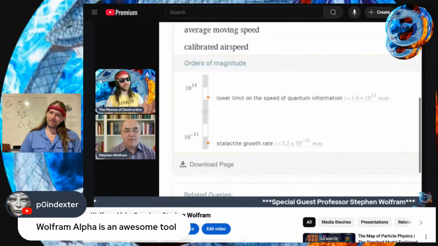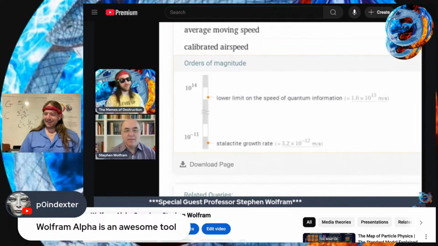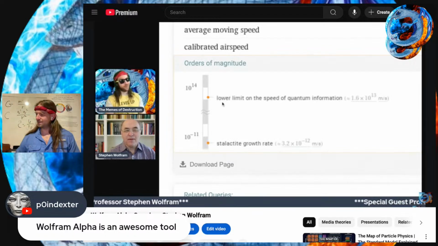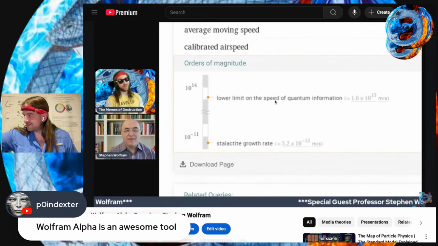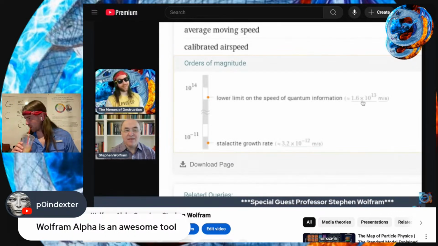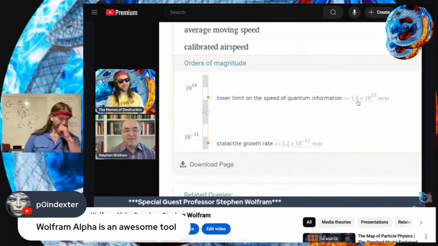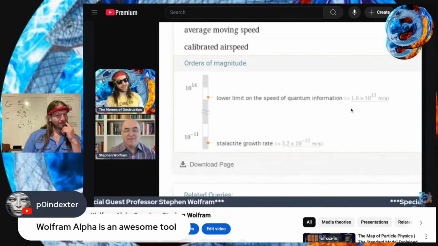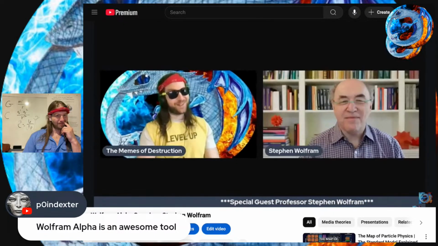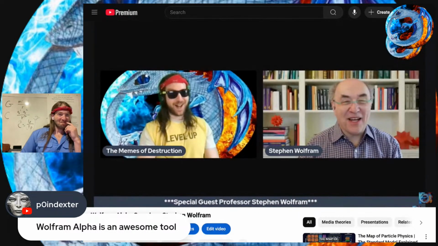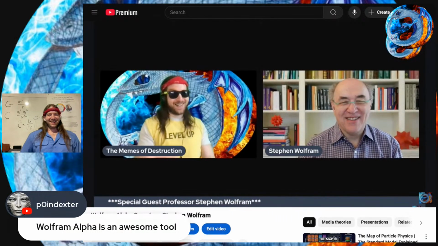And the very interesting thing here, when we start talking about potential faster than speed of light travel, I noticed, and this was something that I don't hear many folks talk about, on Wolfram Alpha, the lower limit on the speed of quantum information is 1.6 times 10 to the 13 meters per second. The speed of light is approximately 2.998 times 10 to the 8 meters per second. And this has been on Wolfram Alpha for a while, and I just think it's pretty neat.